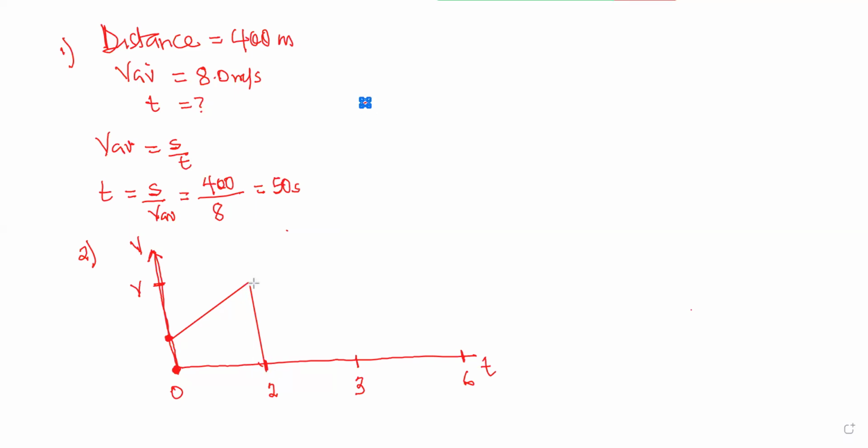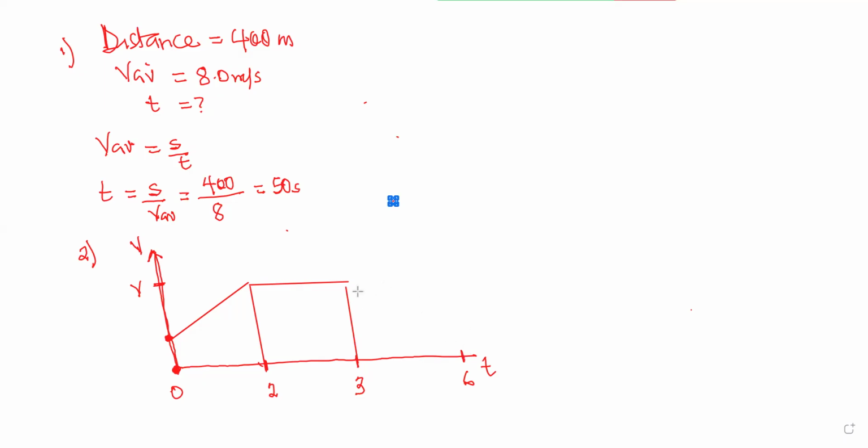Then maintain the velocity, constant velocity for 1 second, which must also represent the time mentioned. Then finally it decelerates, and here too, we're not told that it decelerates to rest.